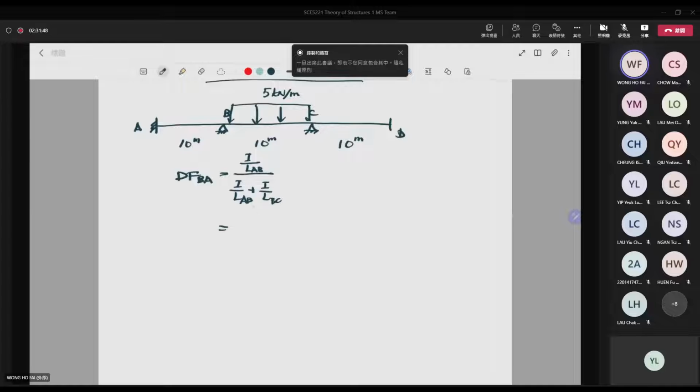And then you know that all of them are equal to 1 over 10, because assume that all the I are the same. So you can see that DFBA is equal to 0.5.